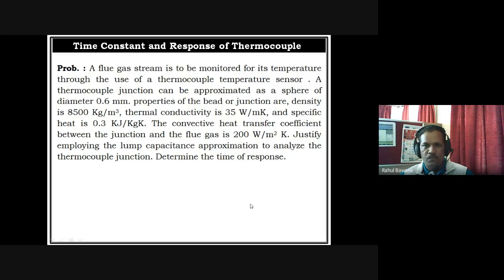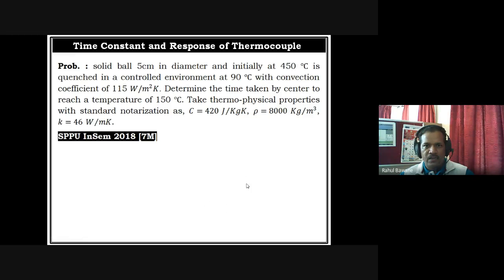So this is one homework problem, and the last homework problem for today: a solid ball 5 centimeter in diameter, initially at 450 degrees centigrade. So D is given, Ti is given. It is quenched in a controlled environment at 90 degrees centigrade. So this is T infinity, with convection coefficient h value given as 115 watt per meter square Kelvin.